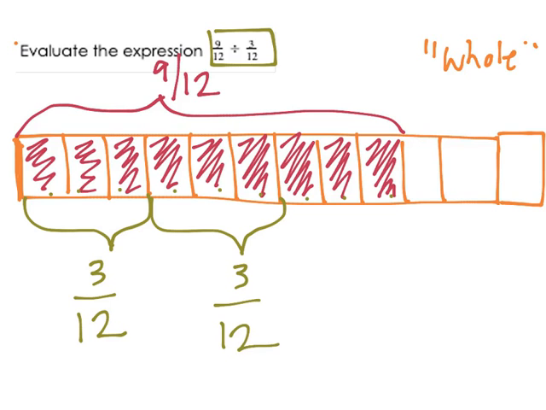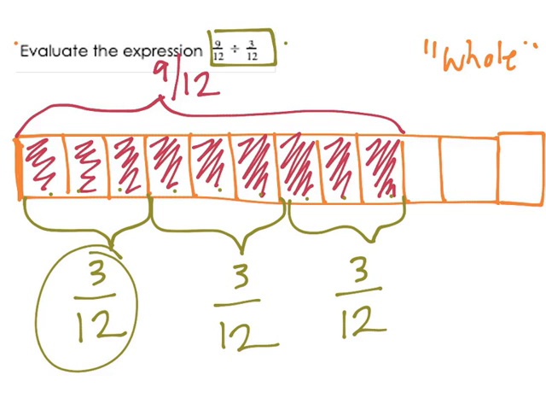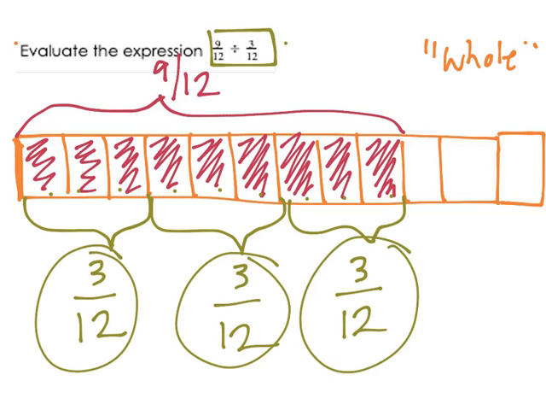And 1, 2, 3. This represents a group of 3/12. So this division problem is asking me how many groups of 3/12 are in 9/12. And I see here that there are 3 groups. So my quotient is 3.